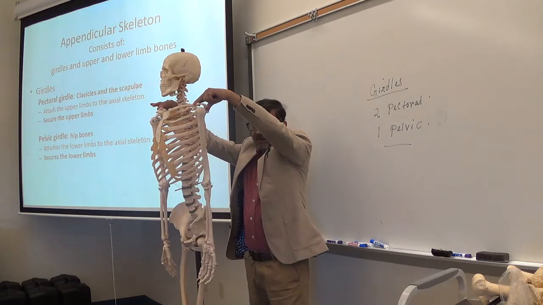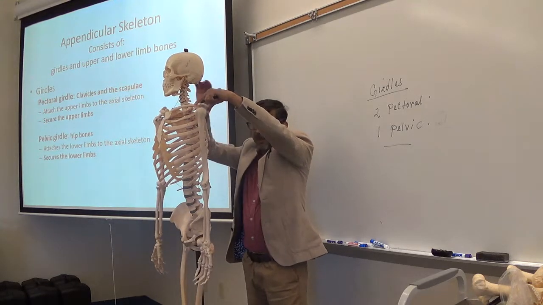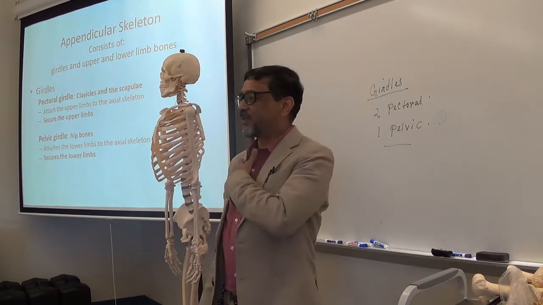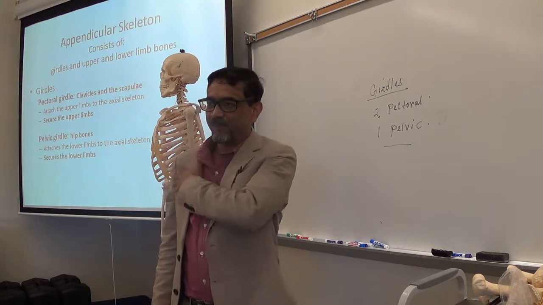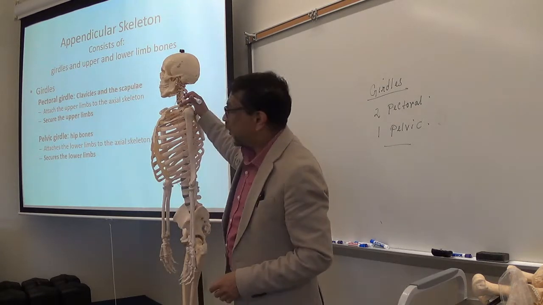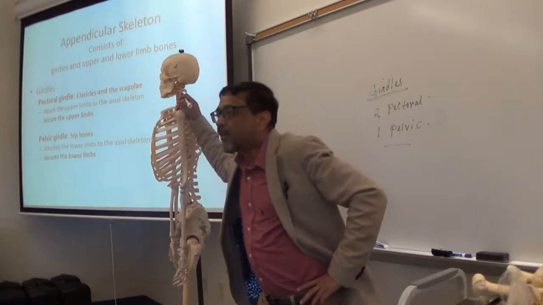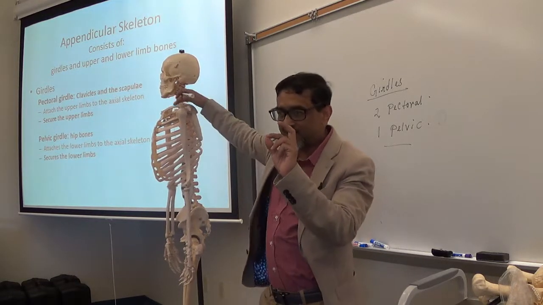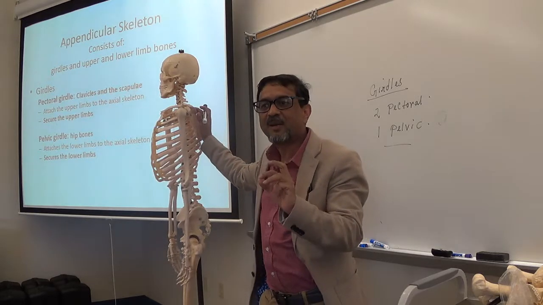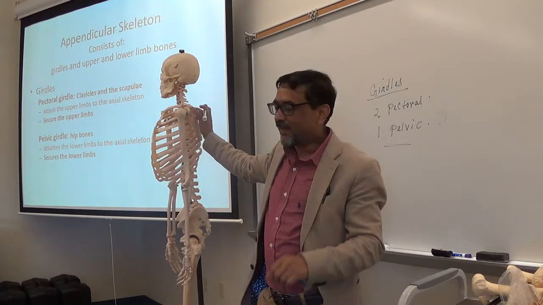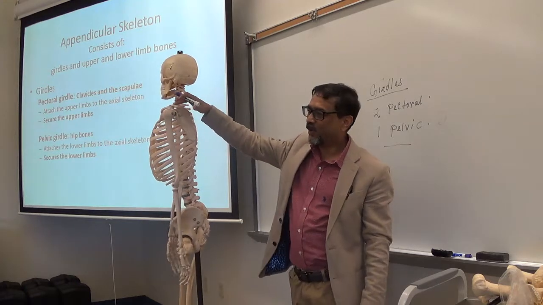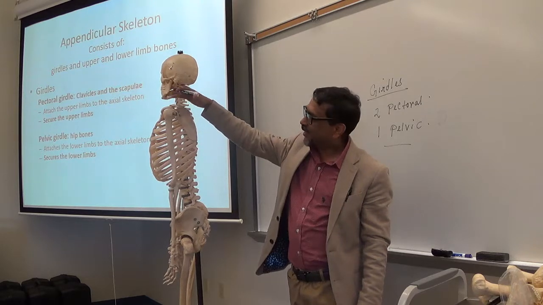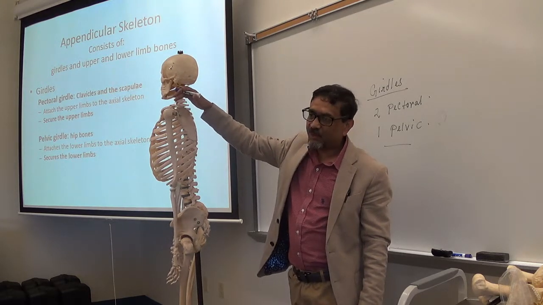Pectoral girdles. Two pectoral girdles. You know, pectoral means what? Chest. So if I ask you, a pectoral girdle is formed by which two bones? Clavicle in the front, scapula in the back. And they join here. You need to know where they join. This is the only joint between these two bones, the acromioclavicular joint.